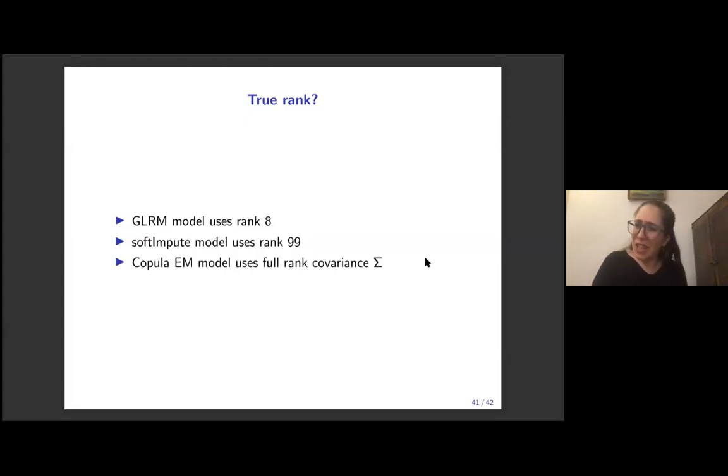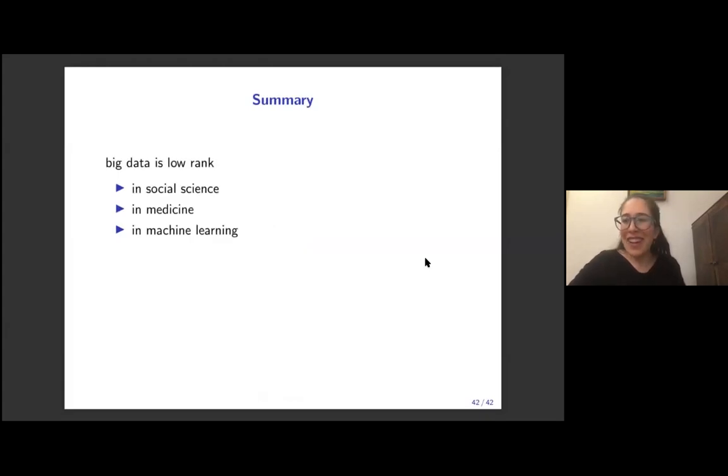Would you say this is really low rank data? The fact that there's a best rank corresponding to each model does not mean that the data really is that rank. So I would say that all of these are different approximations as to what's really going on with the data. So in summary, big data is approximately low rank.